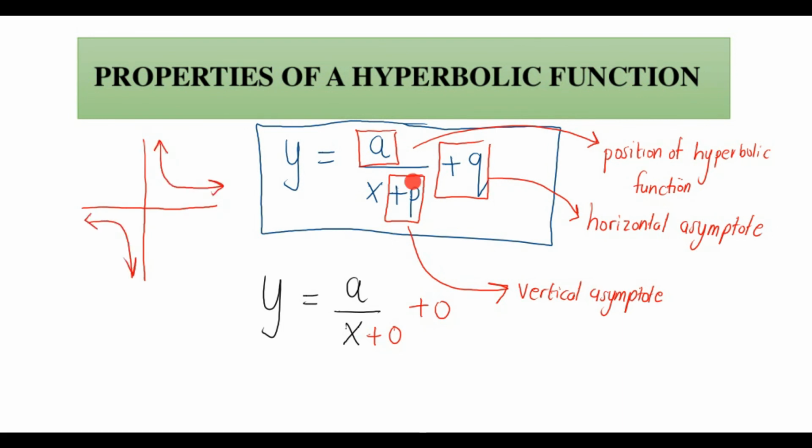But the minute you've got an actual value for p and an actual value for q, in terms of maybe your p is a 3, 2, 1, whatever, and your q is a 4, 5, whatever, then that tells you that the original hyperbolic function has been shifted a particular number of units to the left or right, or a particular number of units up or down, right?